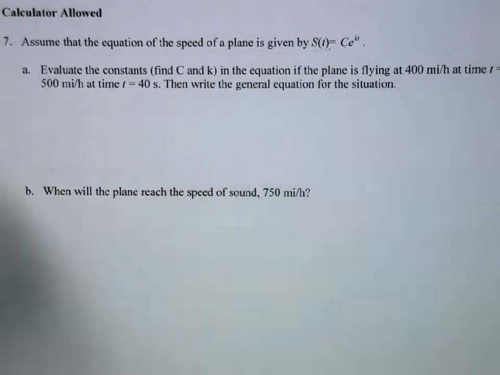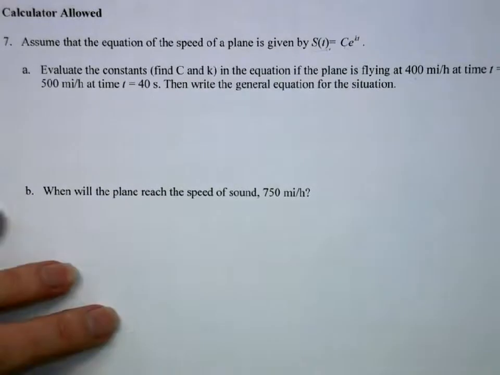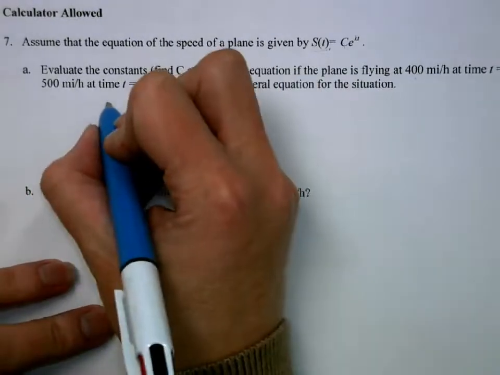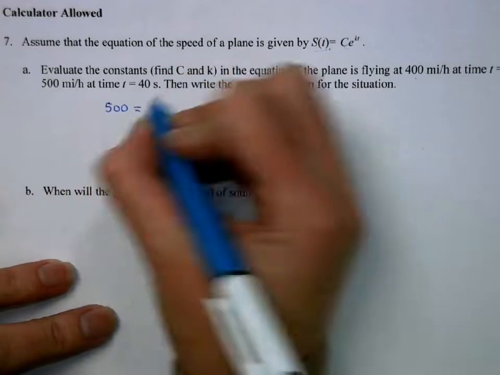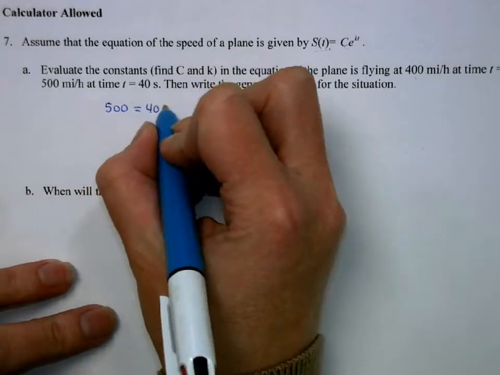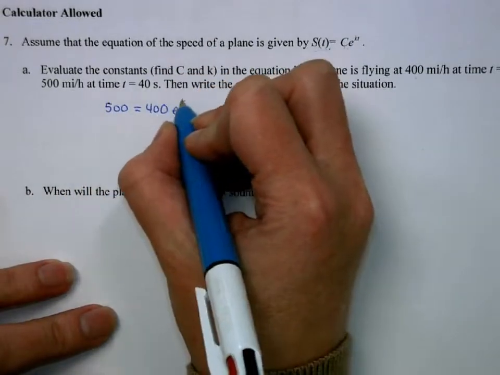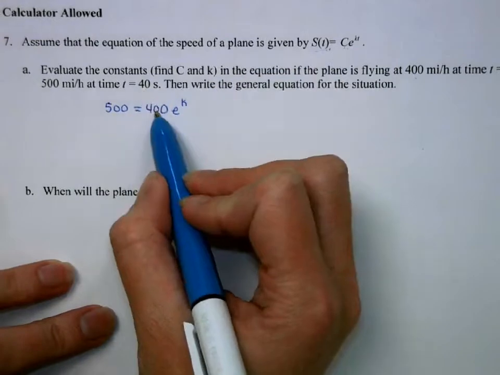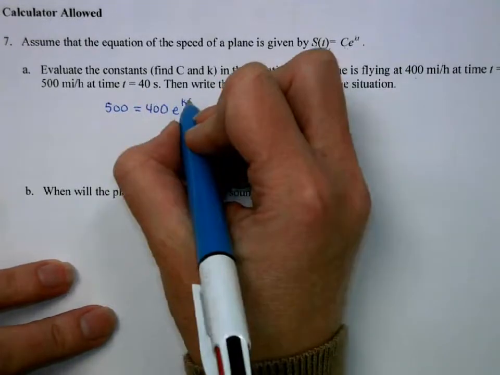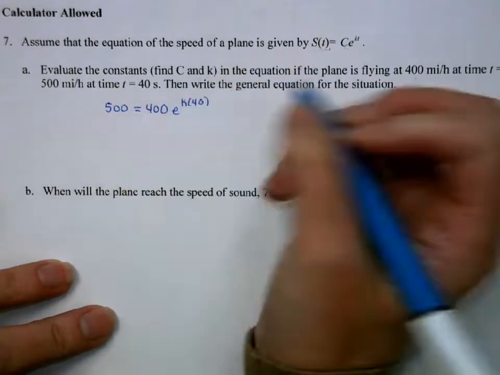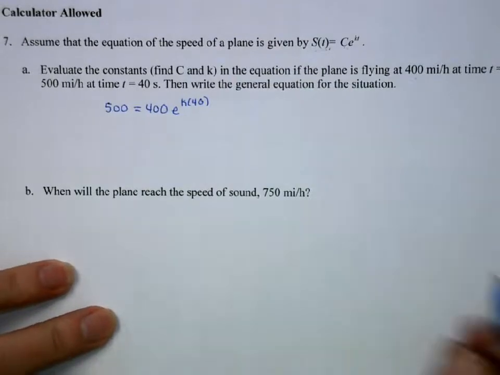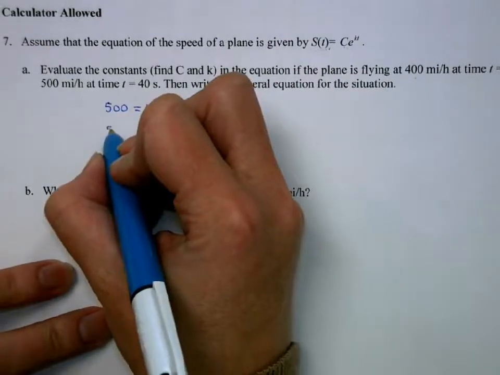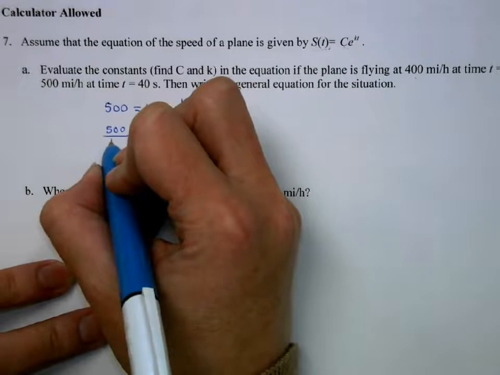So I'm going to set 500 equal to 400 e to the 40k. We're solving for k. It takes 40 seconds to go from 400 to 500. So we're just algebraically going to solve this. So 500 divided by 400 is e to the 40k.